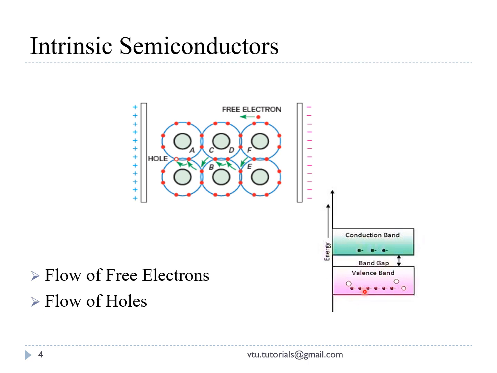When an electron breaks out of the covalent bond and jumps into the conduction band, it results in a hole in the valence band. Hence, in a pure semiconductor, the number of holes and free electrons will be equal.